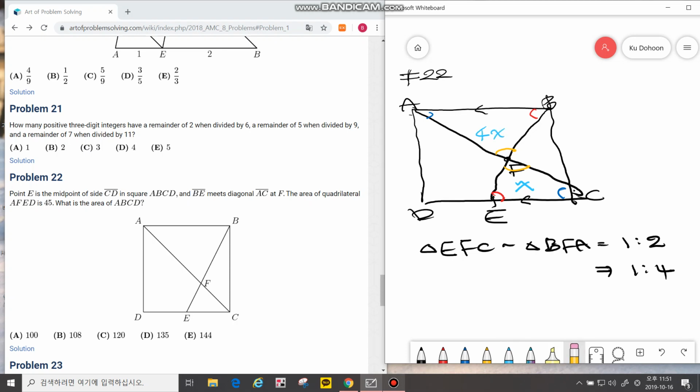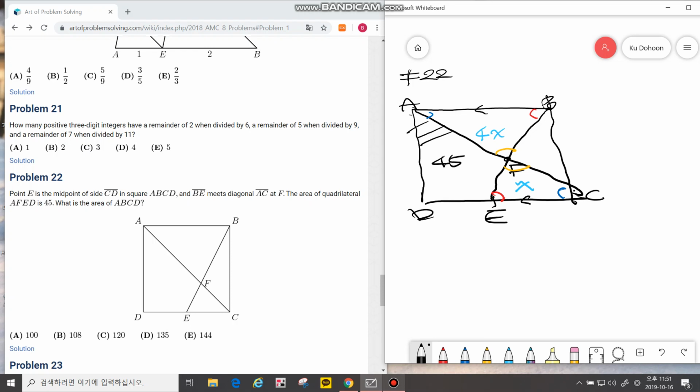Then, all right, now let's think. What is given is the area of this part here, this trapezoid looking figure, right?